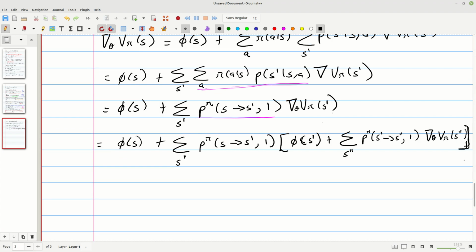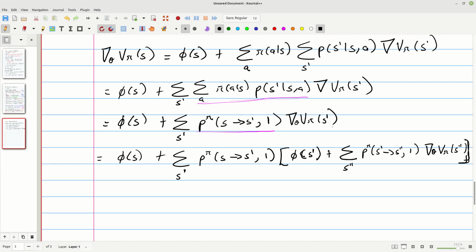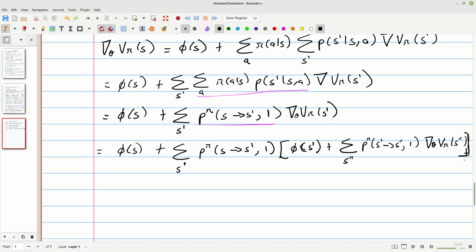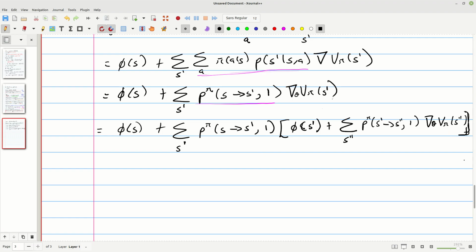Well, this is interesting. Again, we started with the expression in v pi of s, and then we had it in v pi of s prime. Now we have it in v pi of s double prime. But let's simplify it a bit so that we can make our conclusions later on.